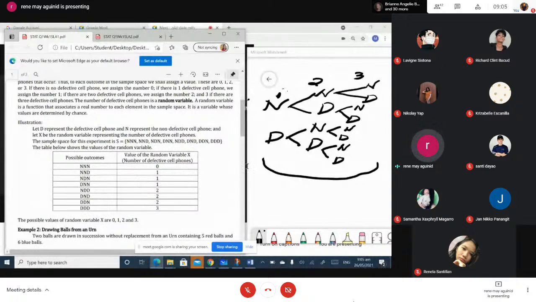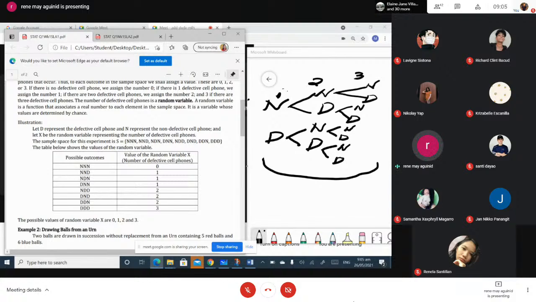For this outcome NNN, there is no defective. That is why we put the variable X, because X is defined as the number of defective cell phones. In this case, we have 0 defective, so we reflect 0 here. Here there is one defective, that is why 1 is placed. Here there are 2 defective cell phones, so 2, 2, and 3.